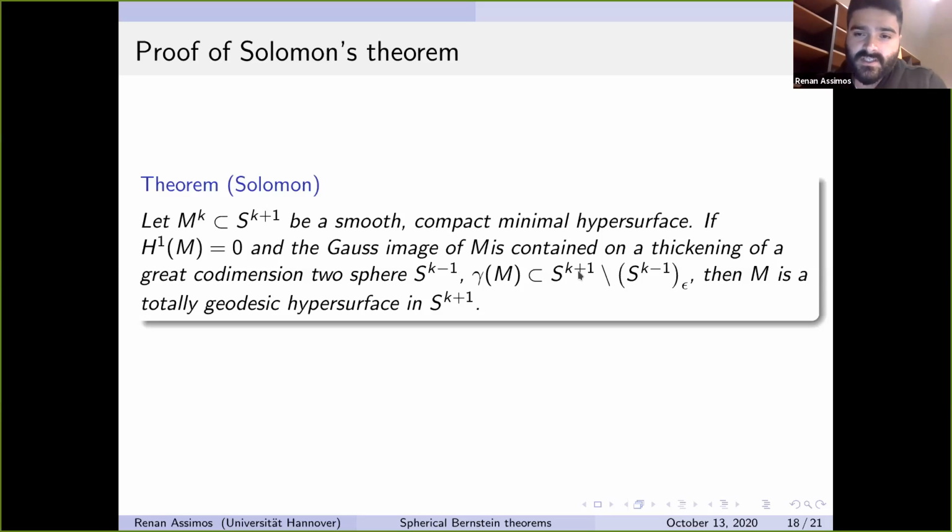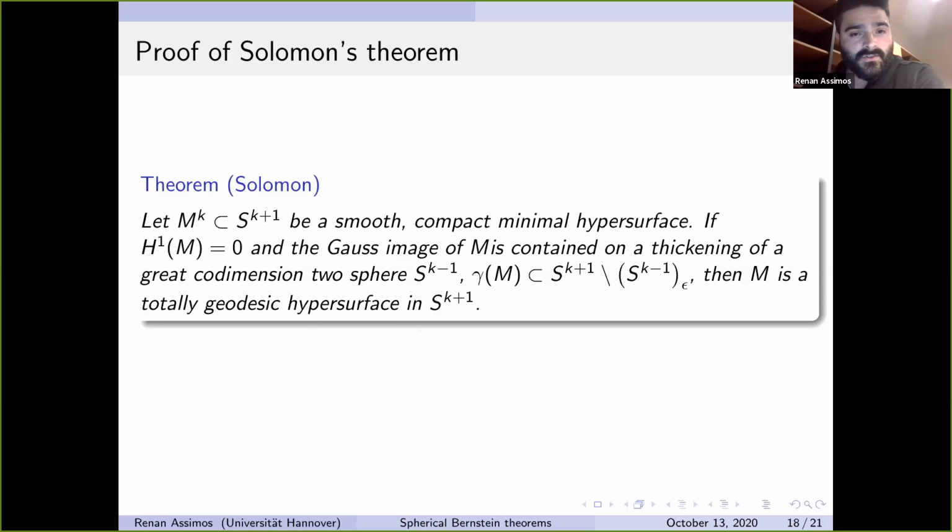In other words, I wrote it like this: S^(k+1), and this is a great S^(k-1), and this epsilon denotes an epsilon thickening of this totally geodesic codimension 2 sphere. If our Gauss map is contained in this region, then we can prove that M is a totally geodesic hypersurface in S^(k+1).